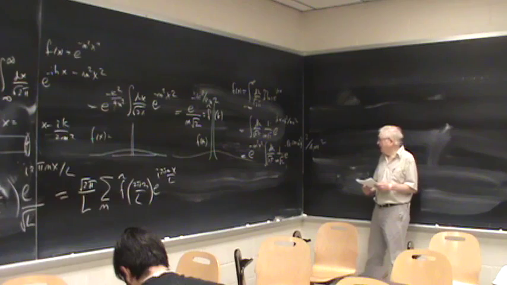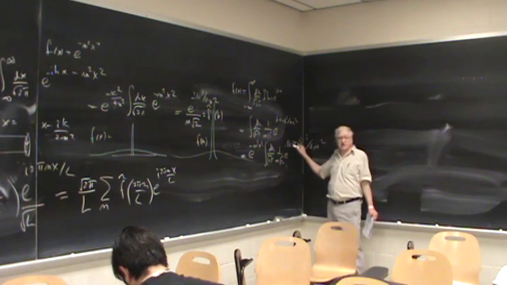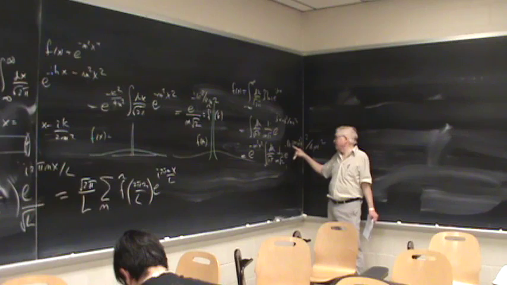Okay? All right, so once again, we can use the complex variable trick to shift the k integration, to let k go to k plus i 2 pi m squared x.